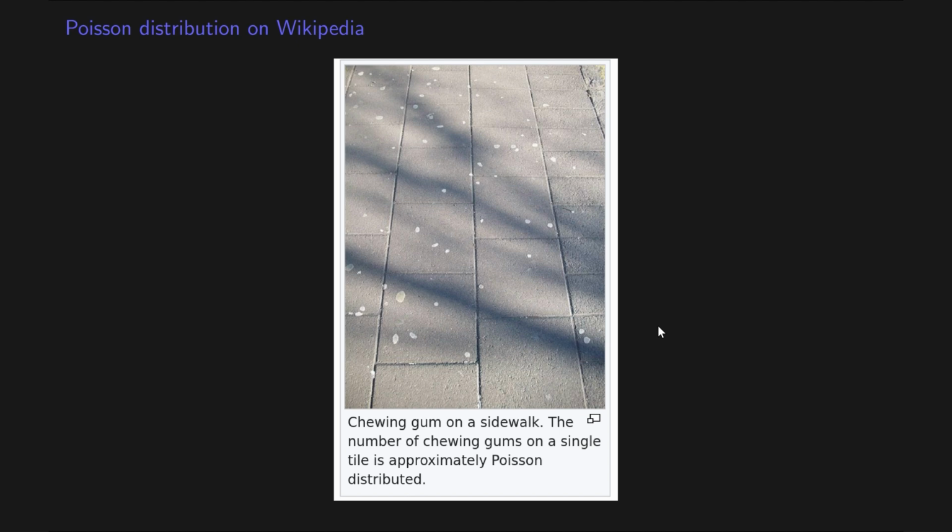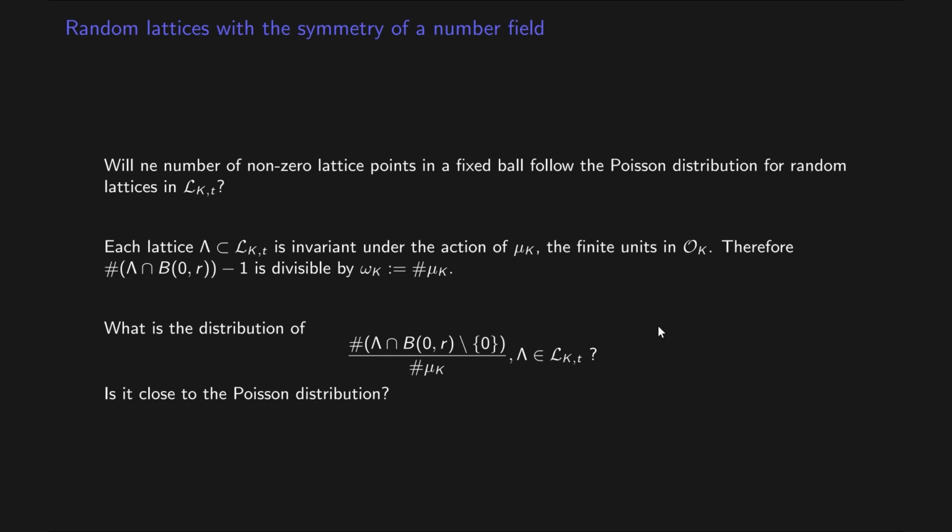On one hand, as we have seen last time, if we have a lattice with symmetries, then the number of points in a ball will come in packages, and the size of the package will be equal to the number of finite elements in the unit group of the ring of integers of the number field.